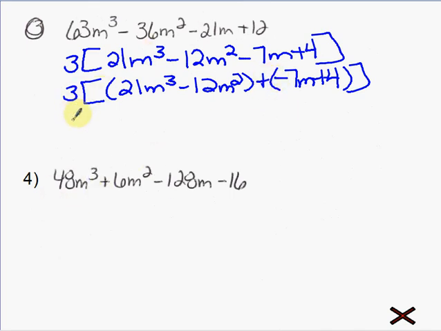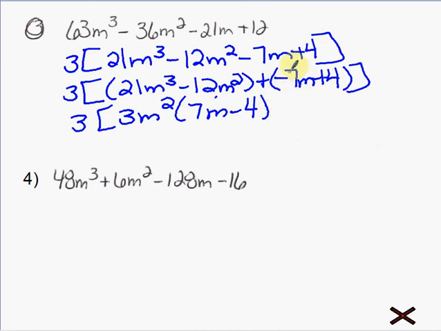Okay, let's look in our groups and try to find a GCF. Well, I see that we have a 3 that I can still factor out and an m squared from this first group, and that leaves me with 7 because 3 times 7 is 21, and I need an m because m squared times m gives me the m cubed that I originally had, and then minus 4 will be left.